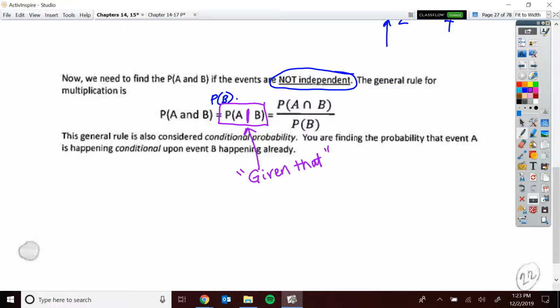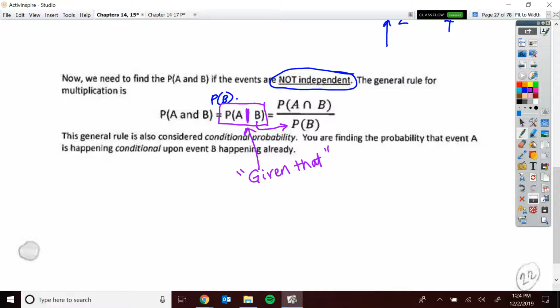According to this formula, you put the entire probability of B on the bottom, all out of all the B's, because you're telling me B is happening. So I'm just looking at all the B's.